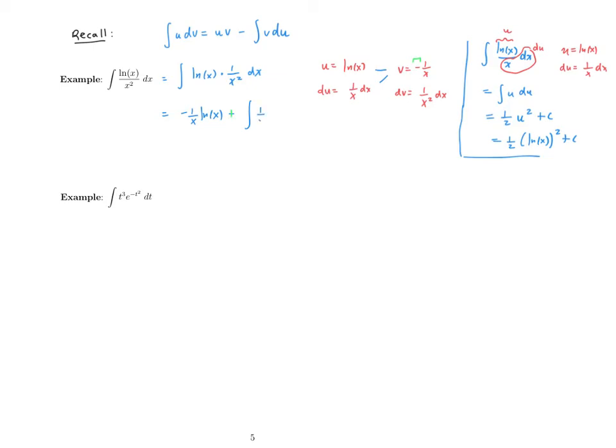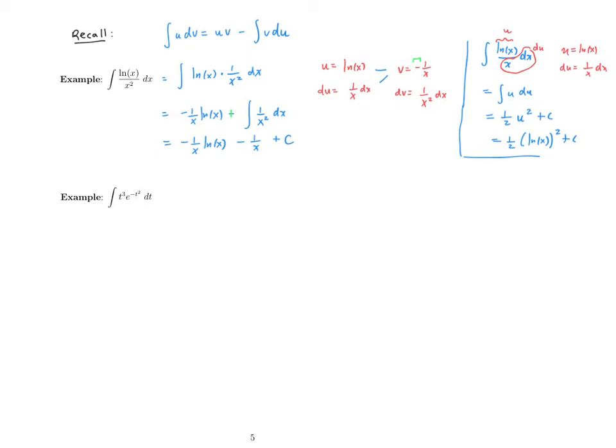And then what we are integrating is 1 over x times 1 over x. And we don't have to think too hard about this resulting indefinite integral because we just evaluated it. What we are left with is minus 1 over x natural log x minus 1 over x. And we remember our plus c because it's an indefinite integral.